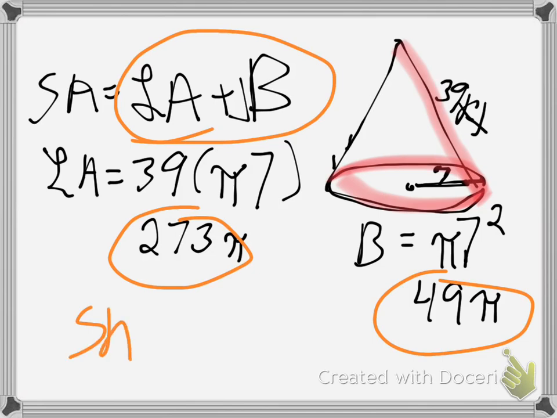So your surface area equals 273 plus 49. That's 322 pi. Okay, multiply by 3.14 and round to your nearest whole number.